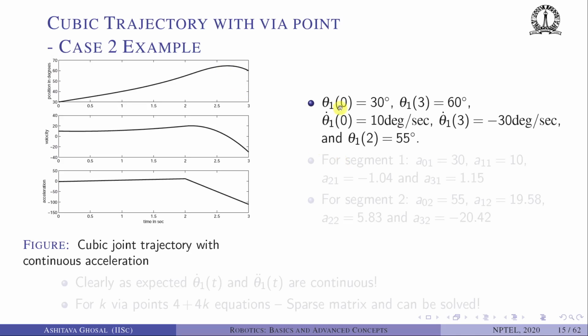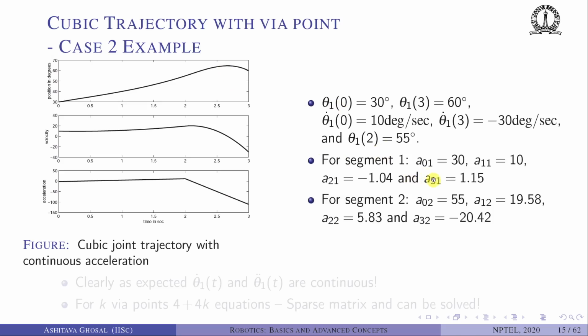So if you plot this for the same data, you can see that for the first segment A01 is 30, A11 is 10, A21 is minus 1.04, A31 is 1.15. Likewise for segment 2, A02 is 55, A12 is 19.58, A22 is 5.83 and A32 is minus 20.42.